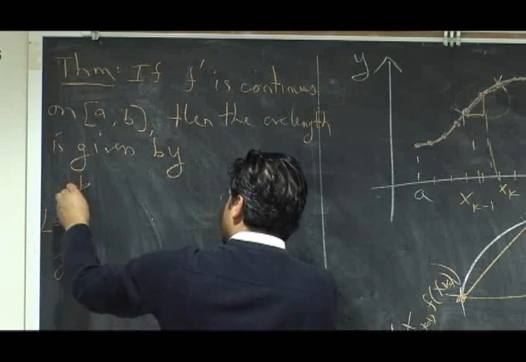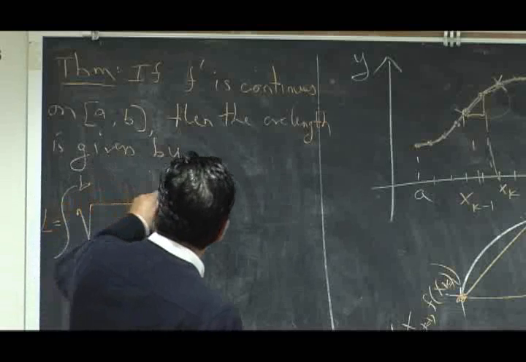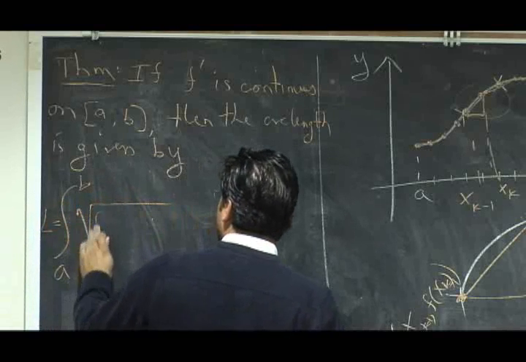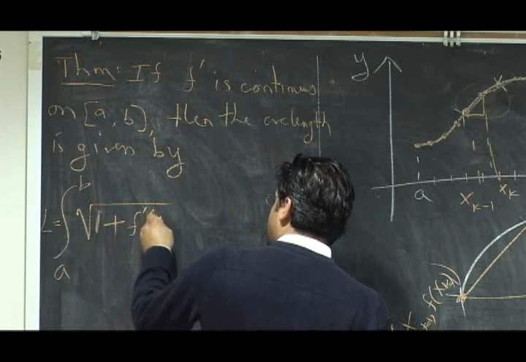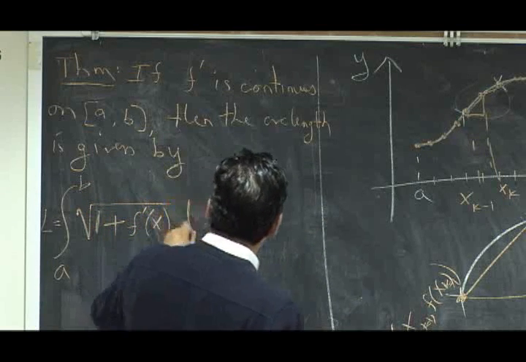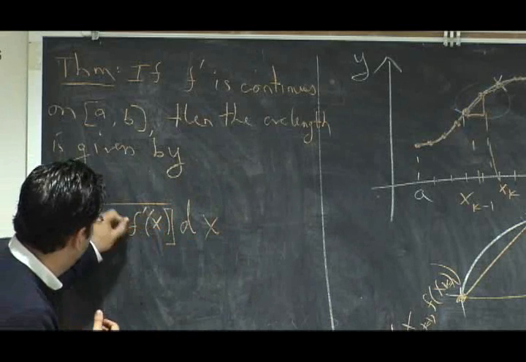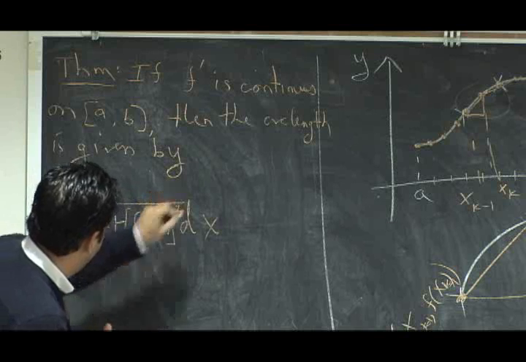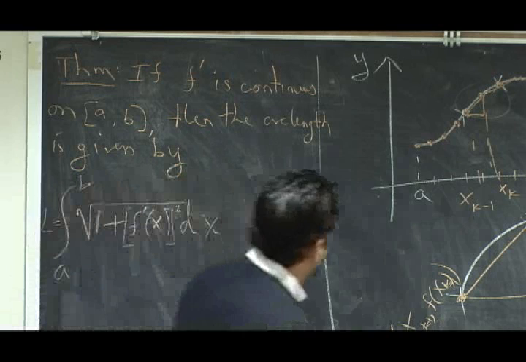L equals the integral from a to b. What's the integrand? Square root of 1 plus f prime of x squared dx. Very good. Okay, so that's how we find that arc length. Is that okay? All right.